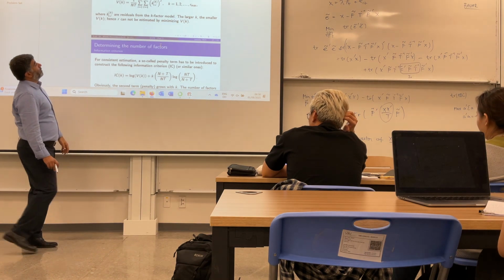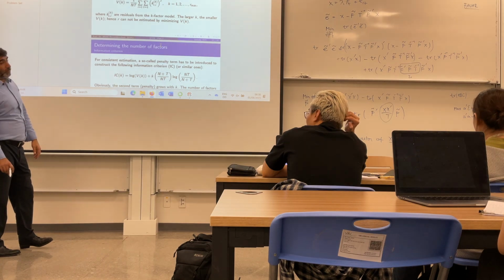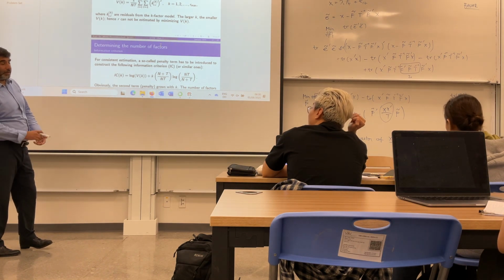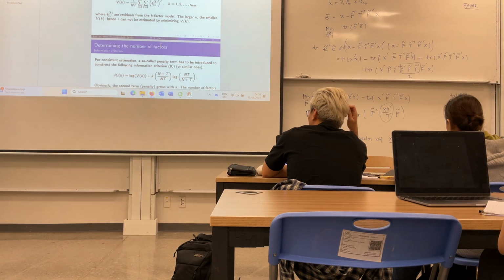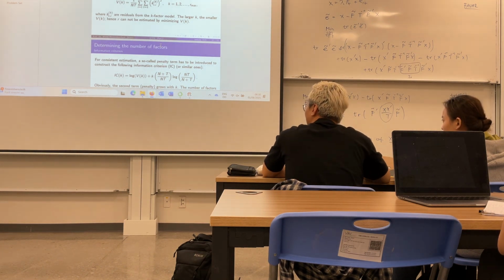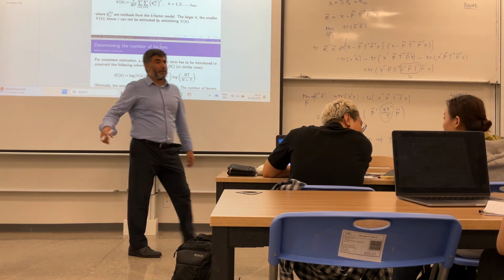This information criteria comes from a very famous paper in econometrics from 2003 by Serena Ng and Bai. I don't remember the names exactly, but they are very famous people.